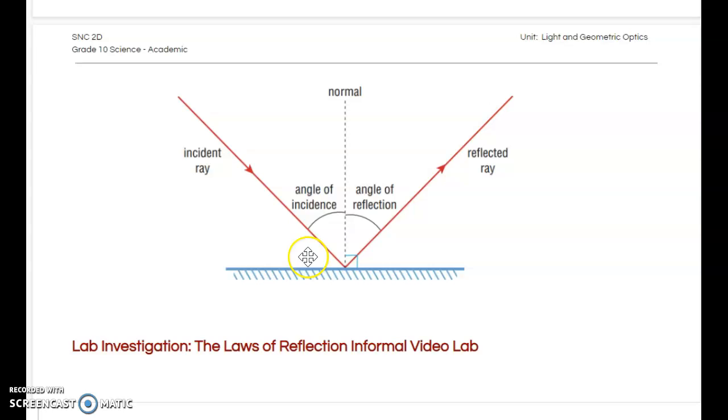If you measured the angle between the mirror and the incident ray and it was 45 degrees, then your angle of incidence would also be 45 degrees, because the angle between the incident ray and the normal is 45, since the normal is perfectly perpendicular, and therefore 90 degrees.